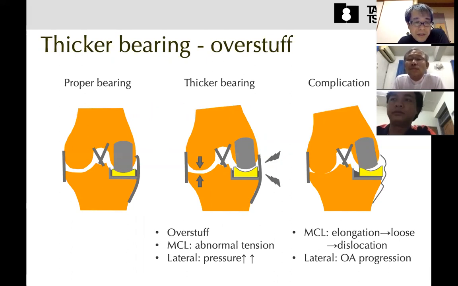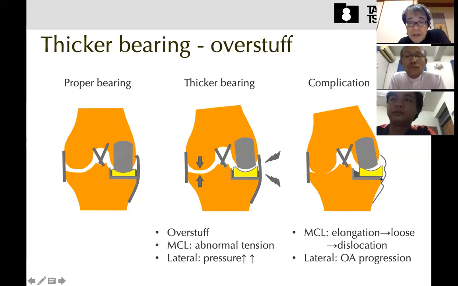But in fact, this can also cause the dislocation because if we insert the thicker bearing, it can cause the over tightness of medial side, and this side, lateral side, can cause the overload. Then the medial side, so this over stiffness can cause abnormal elongation of MCL.